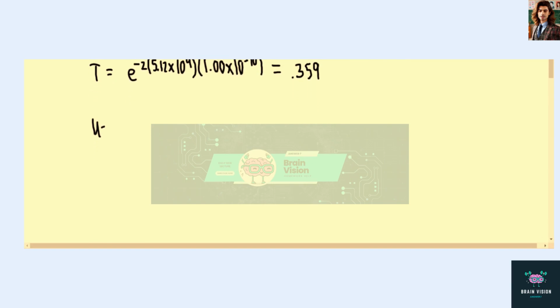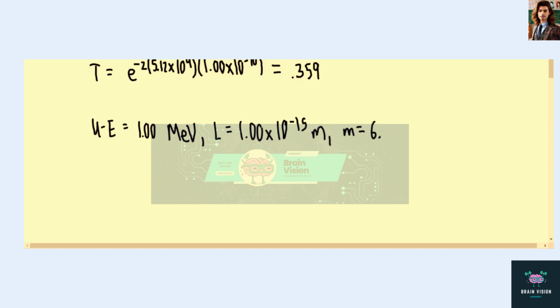Now we have a case for an alpha particle where U minus E is equal to 1.00 mega electron volts, and L is equal to 1.00 times 10 to the minus 15 meters, which is 1 femtometer. And the mass is 6.65 times 10 to the minus 27 kilograms.